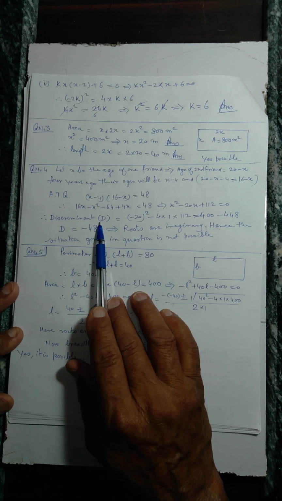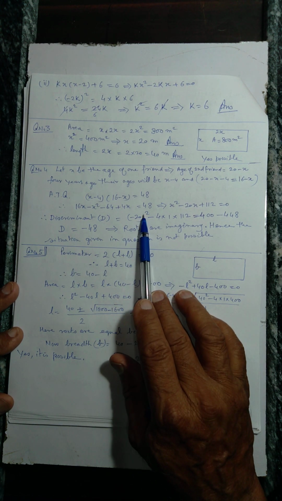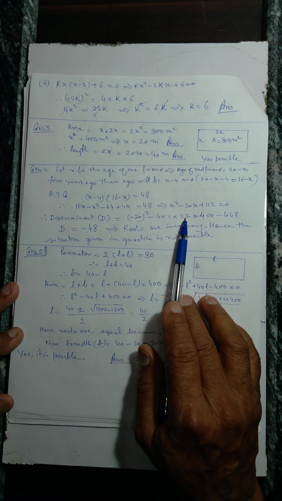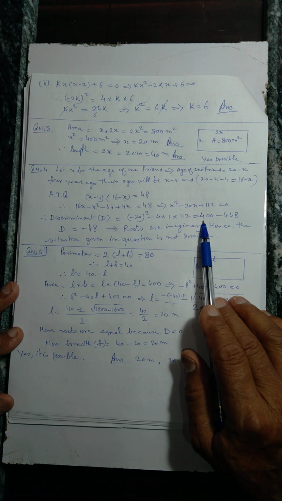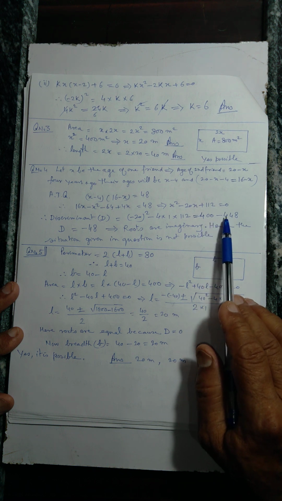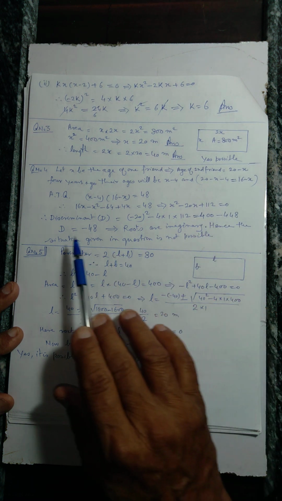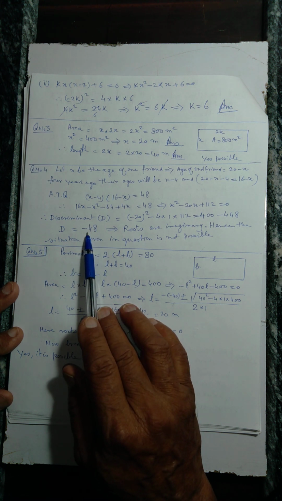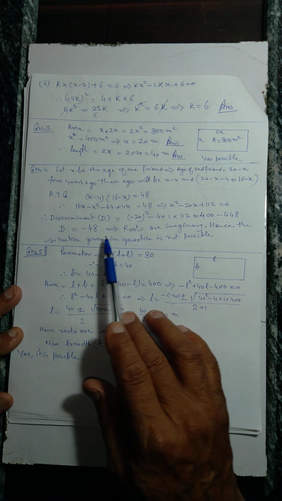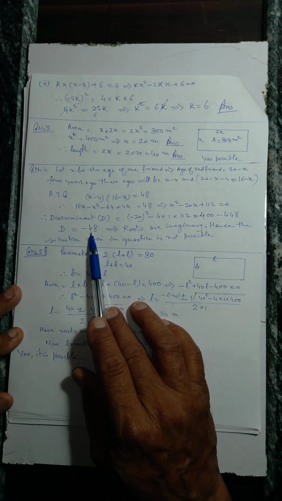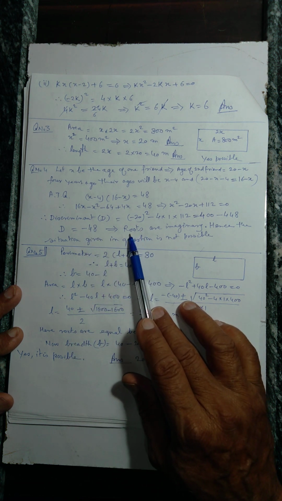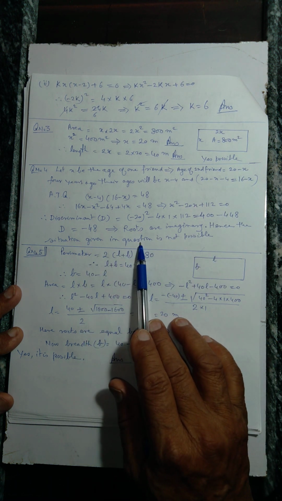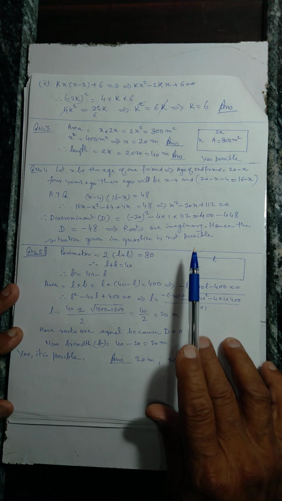So discriminant D is equal to minus 20 whole square minus 4 into 1 into 112. So you will get 400 minus 448. So here discriminant is equal to minus 48, that is less than 0. So the roots are imaginary. Hence the situation given is not possible.